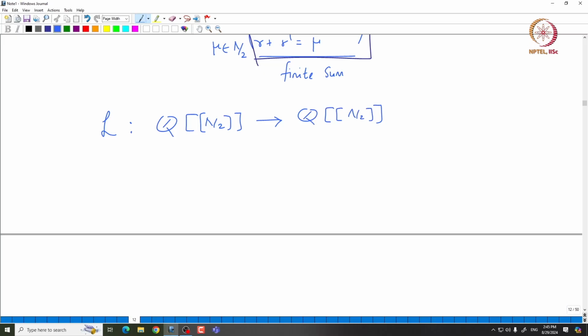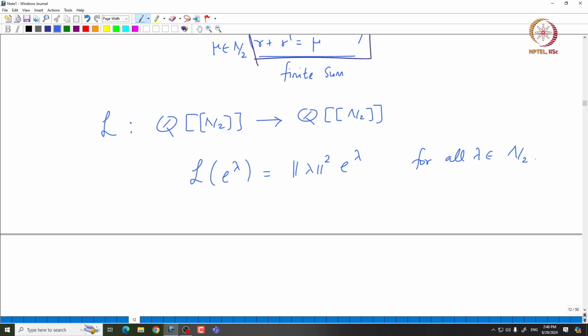The way you define this operator, you define it on the basis and then extend linearly. So, L of e power lambda is defined to be the norm of lambda squared times e power lambda, for all lambda coming from lambda by 2. And most of the time we will be only actually dealing with elements which have finite supports.